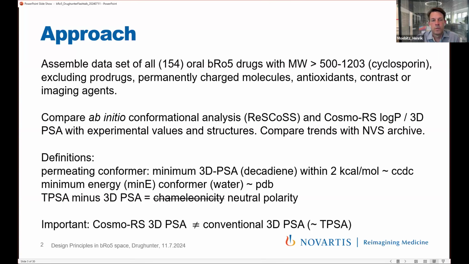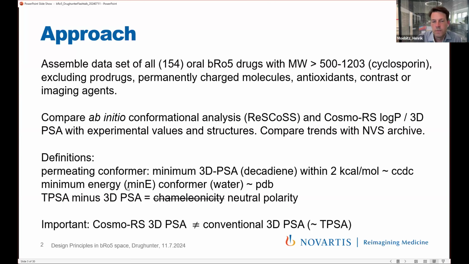Three short definitions. So the permeating conformer, which also has the minimum 3D PSA within 2 kcal per mole in decadiene, that's assumed to be the permeating conformer. The minimum energy conformer in water is just what it says. This is the most populated in water.